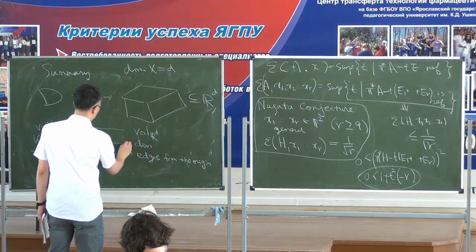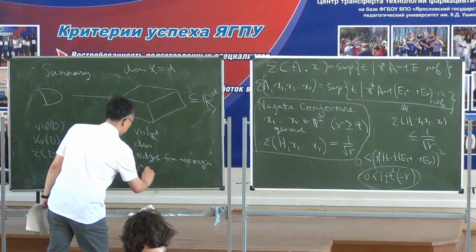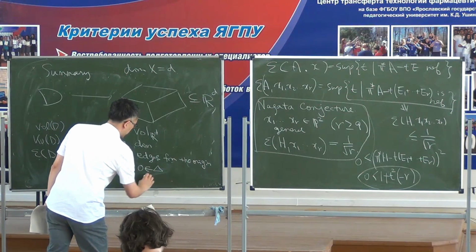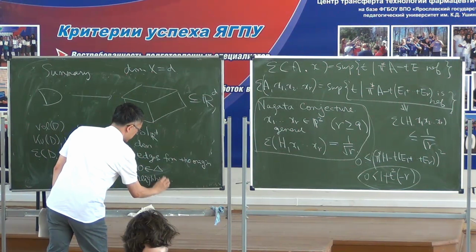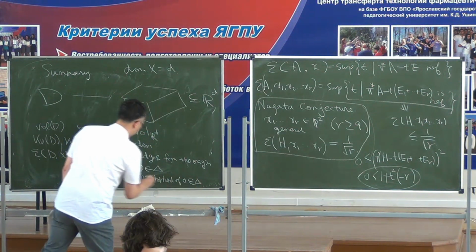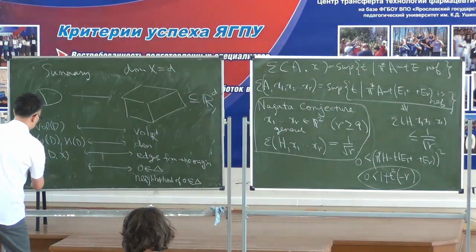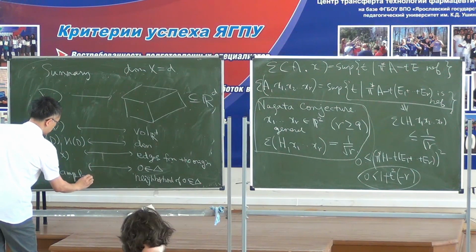Okay? And what else? Well, if a neighborhood of 0 is contained in the Okounkov body, then D is nef or empty.